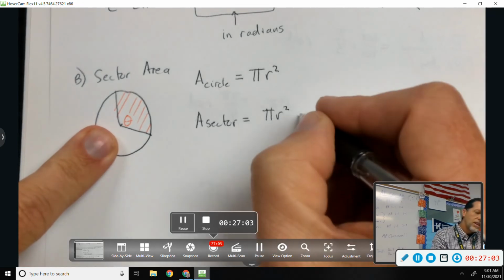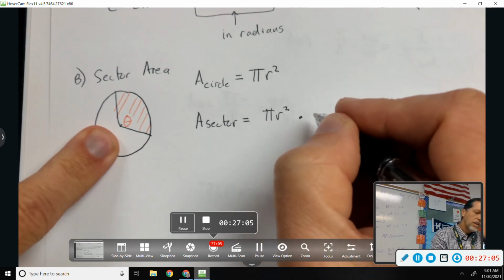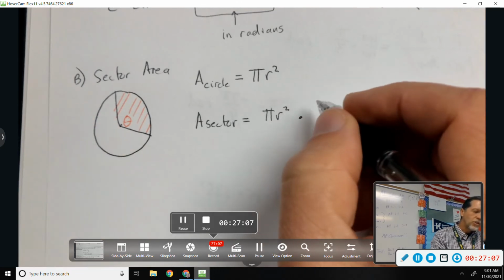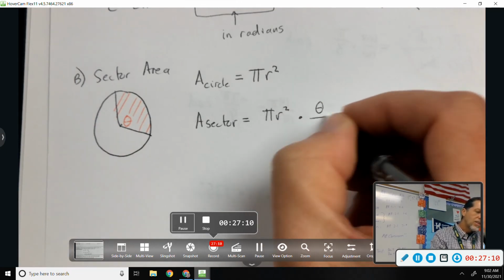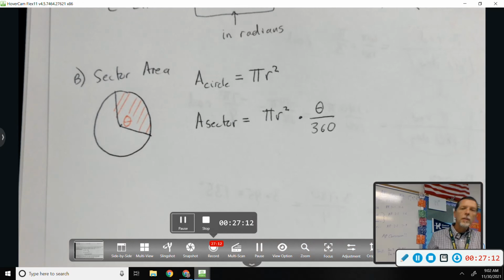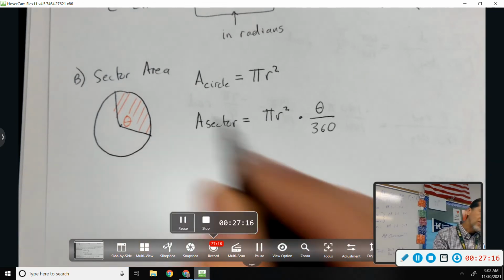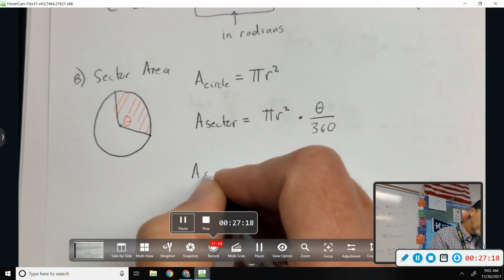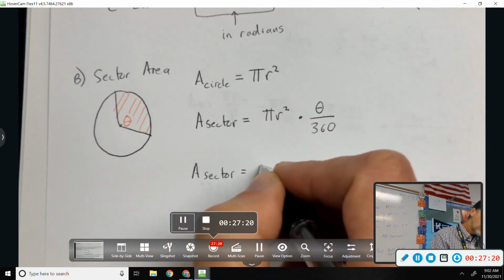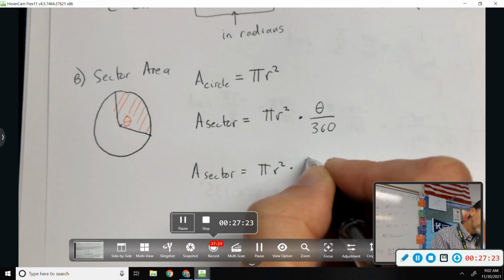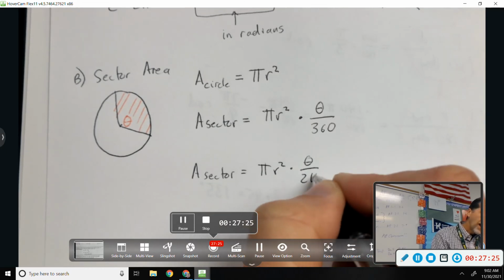Over 2? Well, I don't know that it's over 2. You gotta find that. It's theta out of 360. Don't need to find the arc length. I just need that central angle. Or it's pi r squared times theta out of 2 pi if we're in radians.